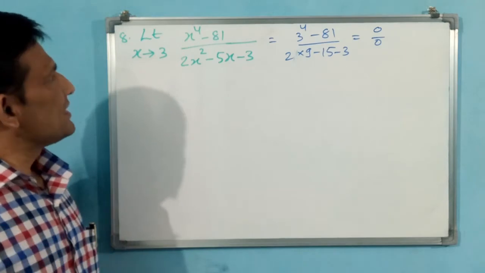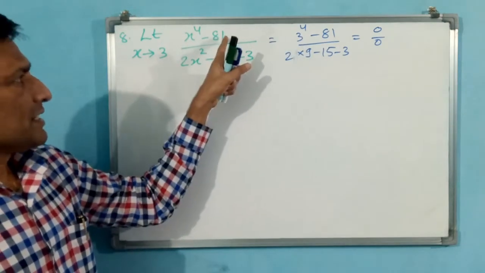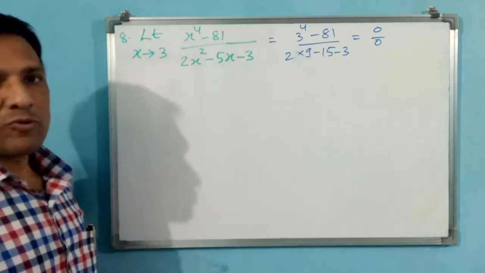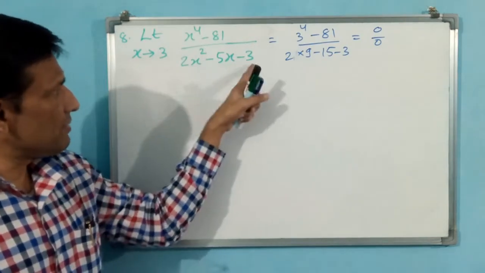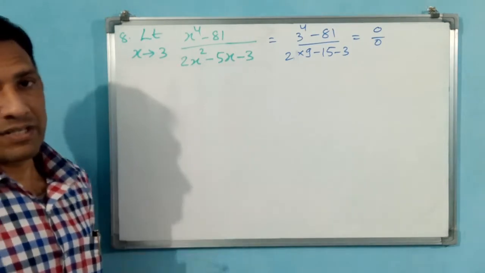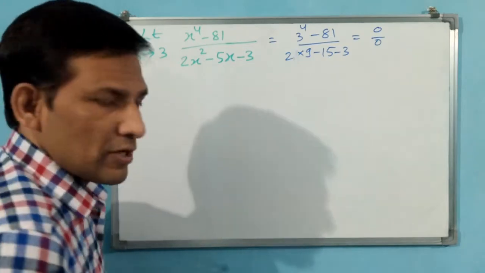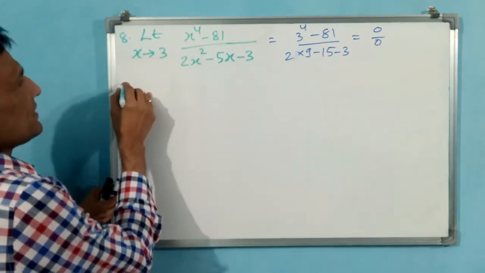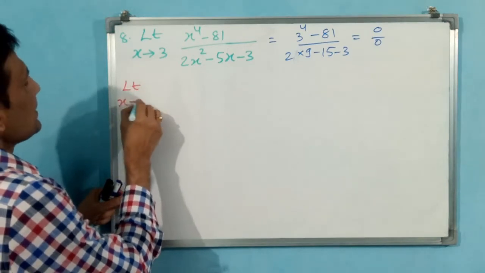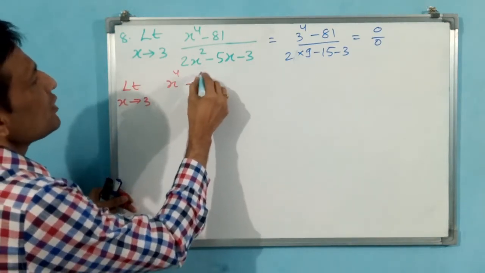See, one thing I want to tell. Here 3 to the power of 4, 81 has come. Next time I will write 81 as 3 to the power of 4 only, x to the power of 4 minus 3 to the power of 4. Because this is like a quadratic equation, we will factorize. Normally we factorize when 0 by 0 comes. Limit x tends to 3, x to the power of 4 minus 3 to the power of 4.